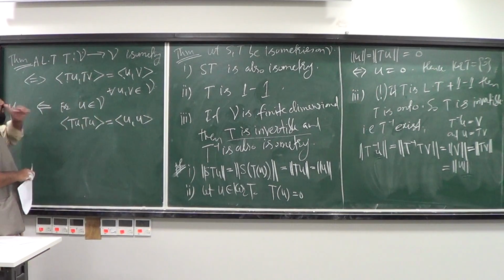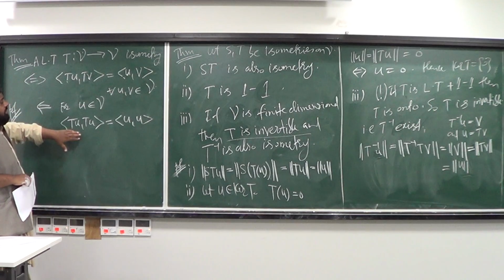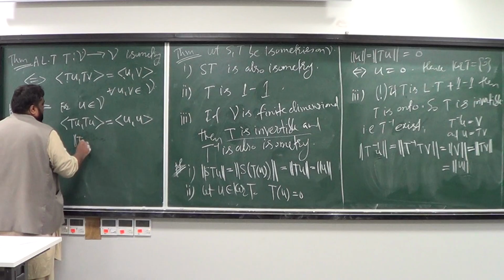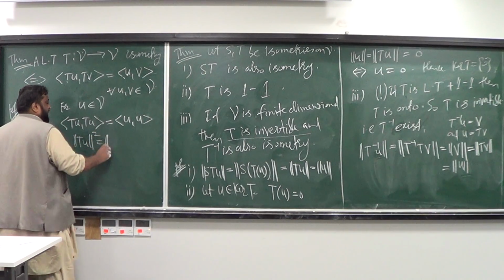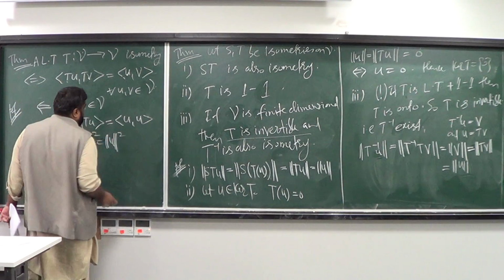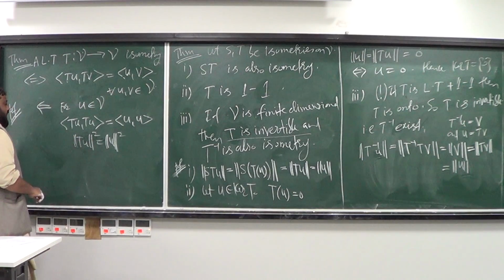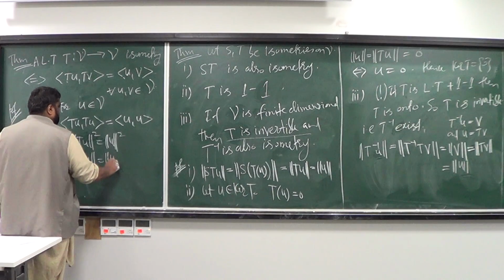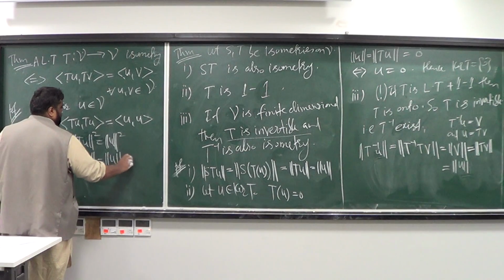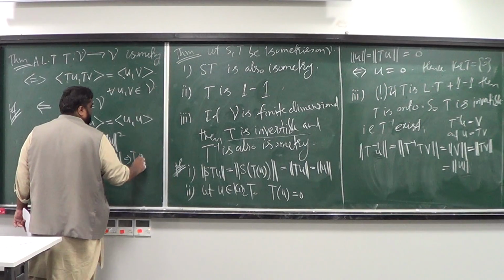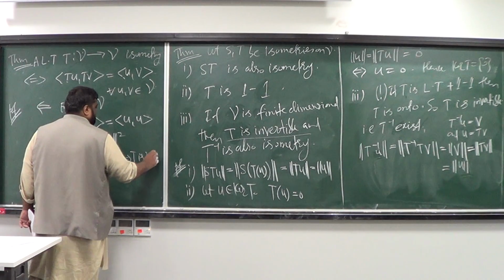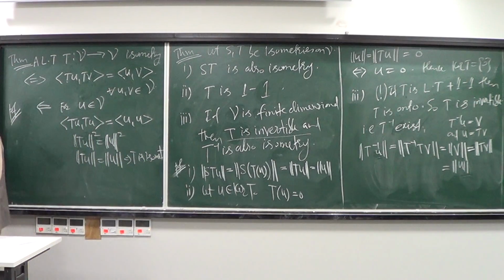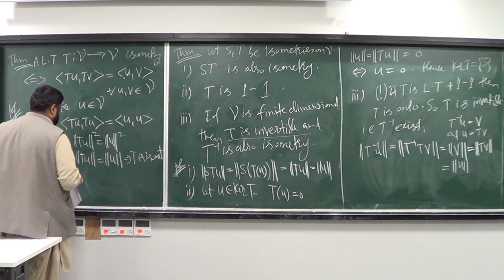So if I take v to be also u, then I have the inner product of Tu and Tu equal to the inner product of u and u. This is equal to the magnitude of Tu squared, and this is equal to the magnitude of u squared, and taking the square root gives you the magnitude of Tu equal to the magnitude of u, and this shows that T is an isometry. So if this holds, T is an isometry.